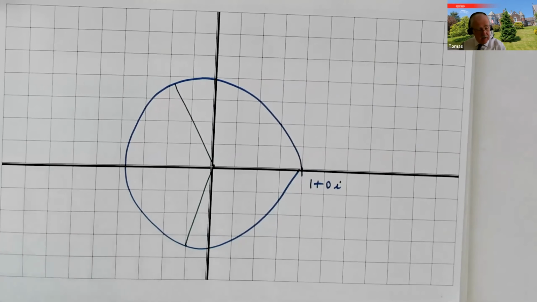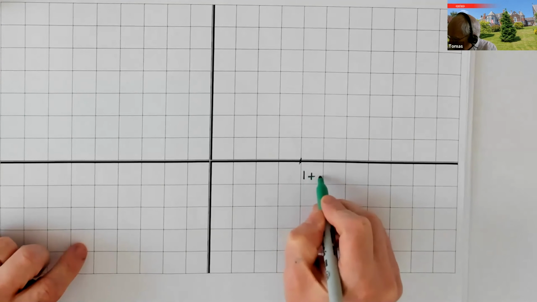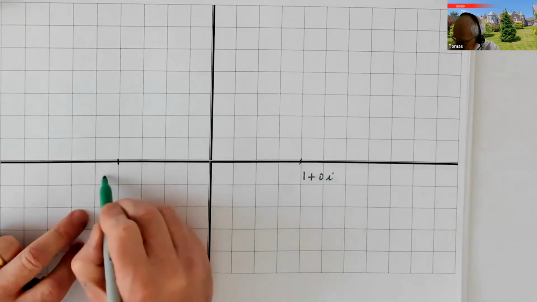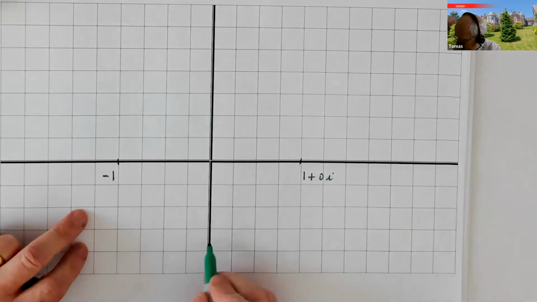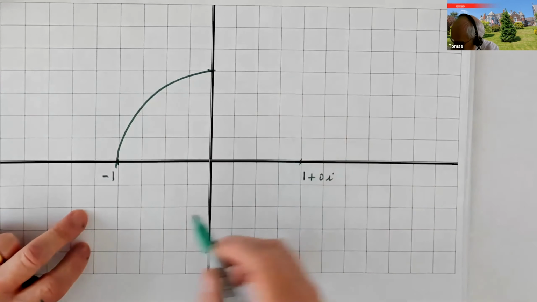If I wanted eighth roots, or something like that, what are the 8 roots of 1 plus naught i? We just draw the circle again.